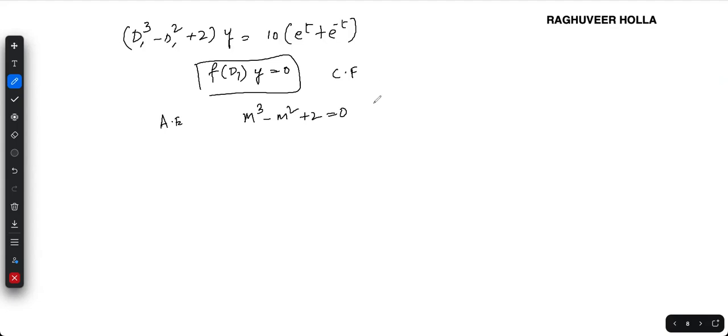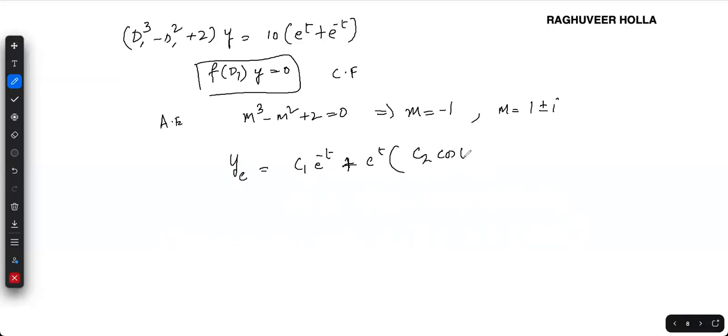Now we find the roots of this cubic equation, which are m equals minus 1 and m equals 1 plus or minus i. So you write yc as c1 e to the power of minus t plus e to the power of t (c2 cos t plus c3 sin t).